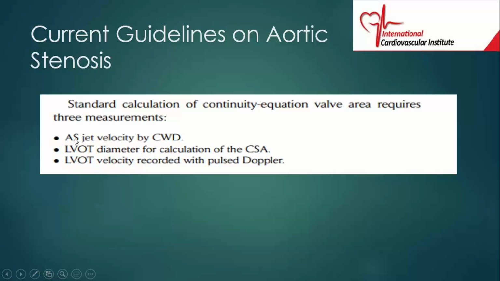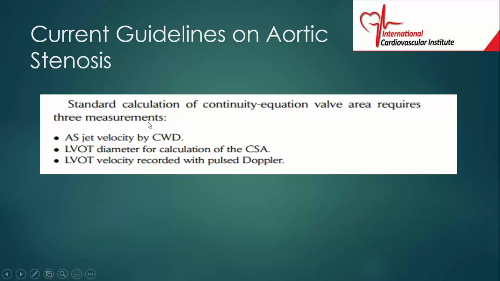You need the aortic stenotic jet velocity, so you do the VTI. You need your LVOT diameter for calculating the cross-sectional area, and you need your LVOT velocity to get your VTI across the LVOT. But this is a pulse wave measurement.